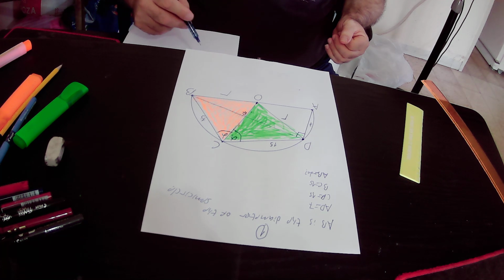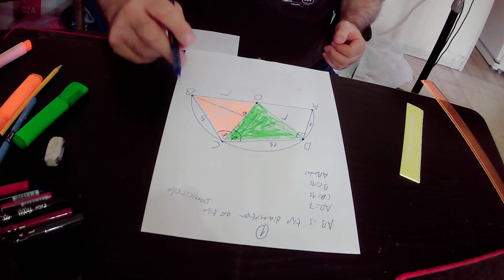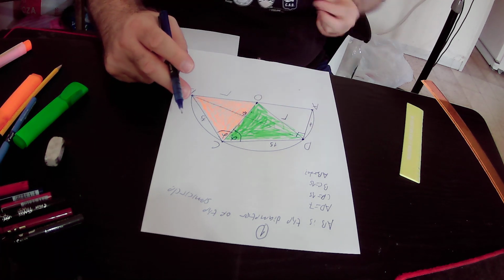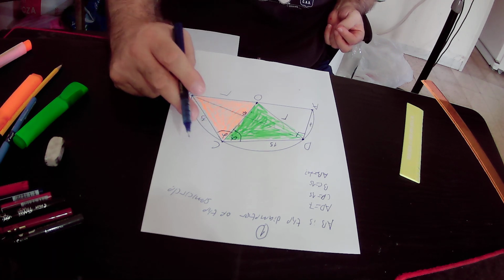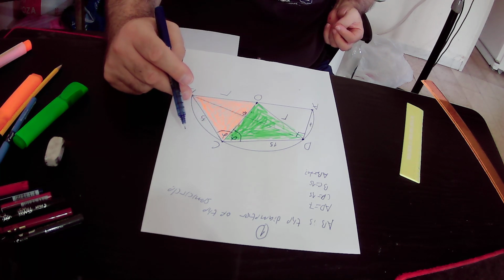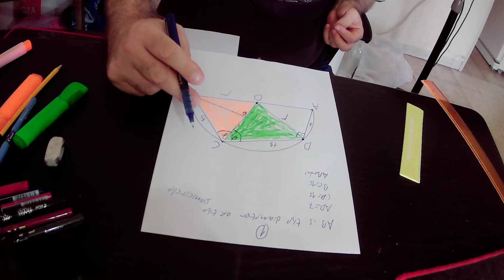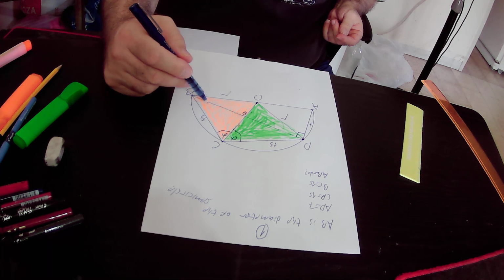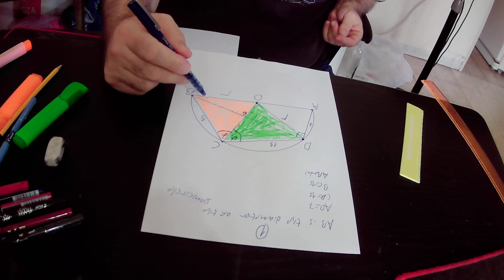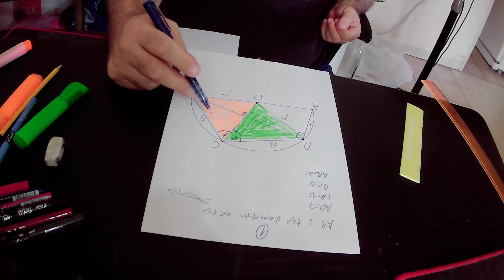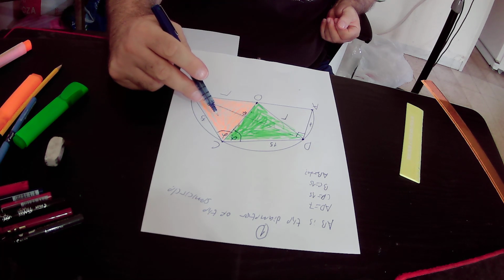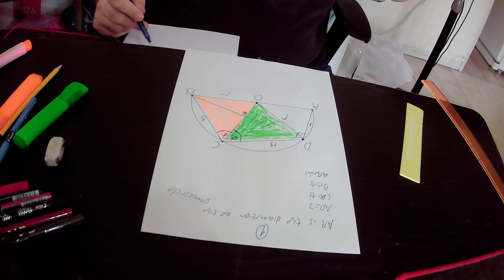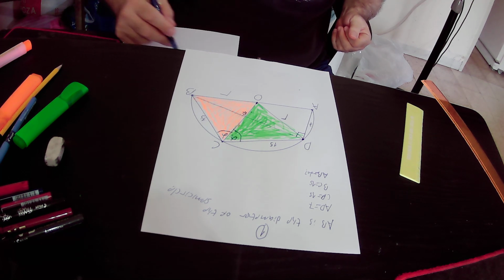So we know that side DC is equal to side CB, and we have rule number 2, which states that in front of equal sides there are equal angles. So I write down rule number 2.